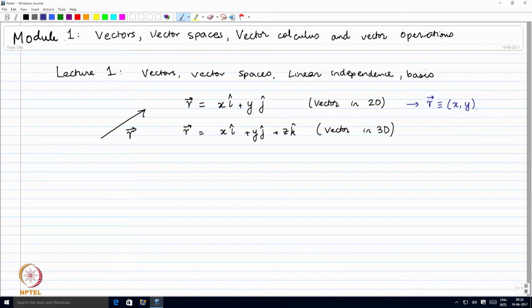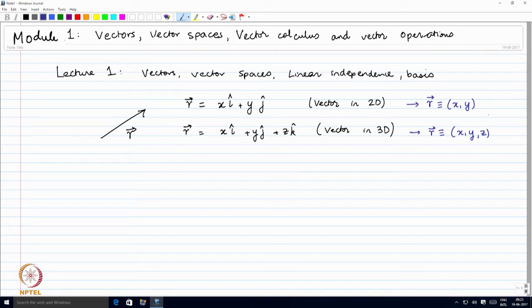So, x and y are called the components of the vector. x is the x component, y is the y component of this vector r. Similarly, in 3D you might write r as x, y, z, where x, y and z are the components of this vector. So, you do not have to explicitly write this i, j and k.